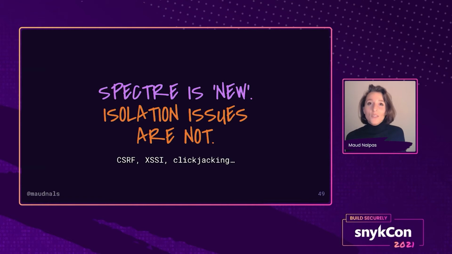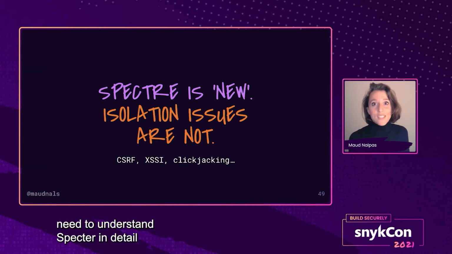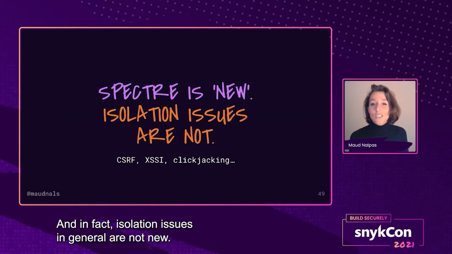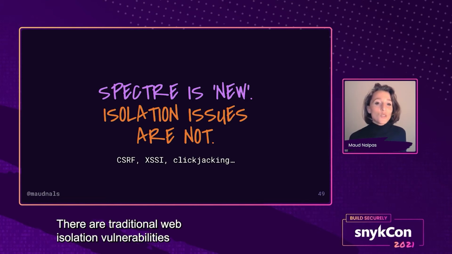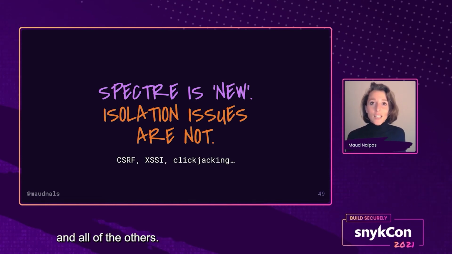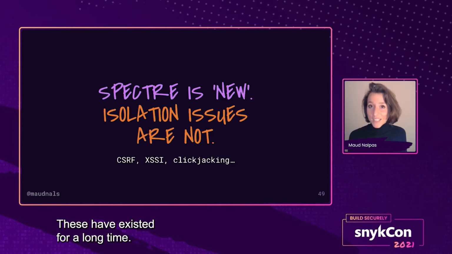So we web developers shouldn't need to understand Spectre in detail in order to protect our applications, right? And in fact, isolation issues in general are not new. There are traditional web isolation vulnerabilities like CSRF, XSSI, clickjacking, and all of the others. These have existed for a long time.